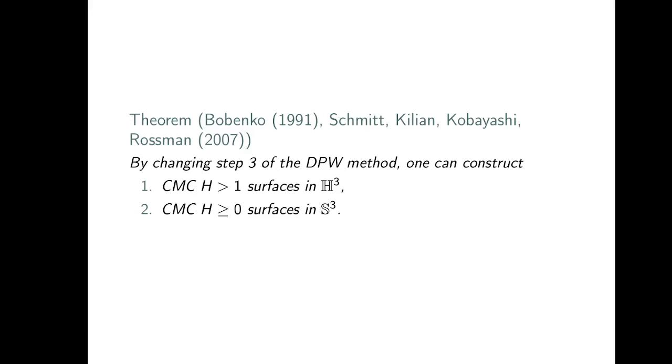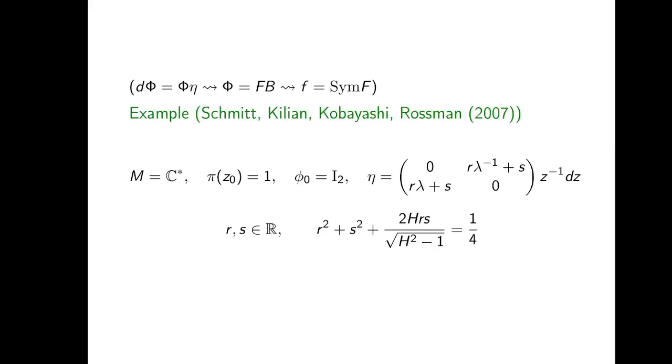One great benefit of this theorem is that it involves only changing step 3, which means that we could take as input data the data giving rise to a Delaunay surface in R3 and make Delaunay surfaces in H3 and S3. This is something that Schmidt, Kilian, Kobayashi and Rossman did, and you see that the input data is exactly the same. Up to some minor difference: in order to solve the monodromy problem, you have to take your ambient space into account.